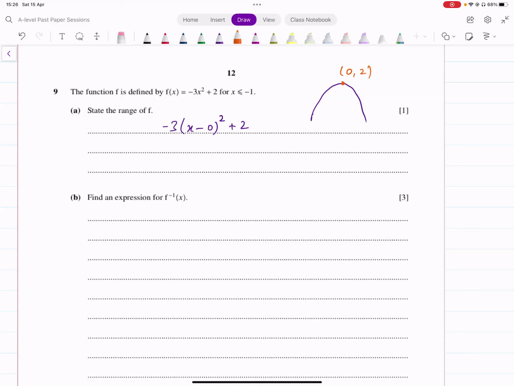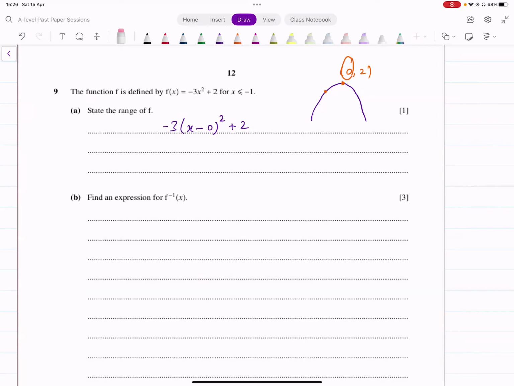अब आपकी जो domain है वो देखें कहाँ पे है, x less than and equal to -1. आपने बस turning point को देख के ये नहीं कह देना कि range आपकी y less than and equal to 2 है. ये point आपकी domain के अंदर है ही नहीं. आपके लिए कौन सा part valid है, -1 से left वाला. तो 0 अगर यहाँ पर आ रहा है turning point पे, -1 इसके left side पर होगा कहीं पे.